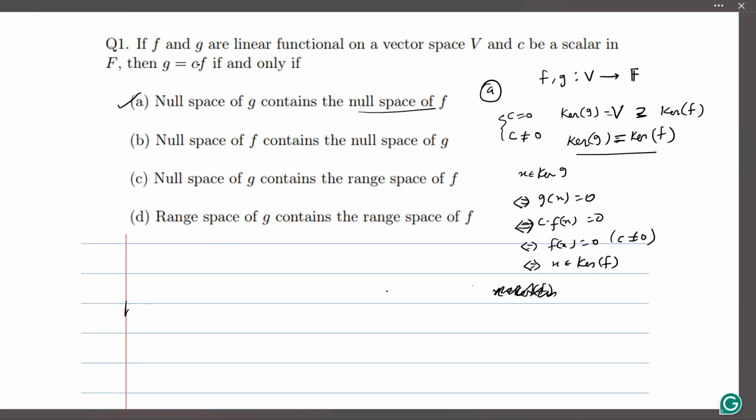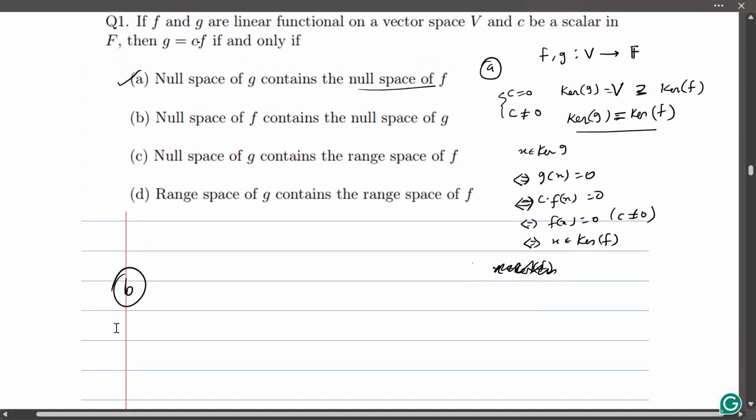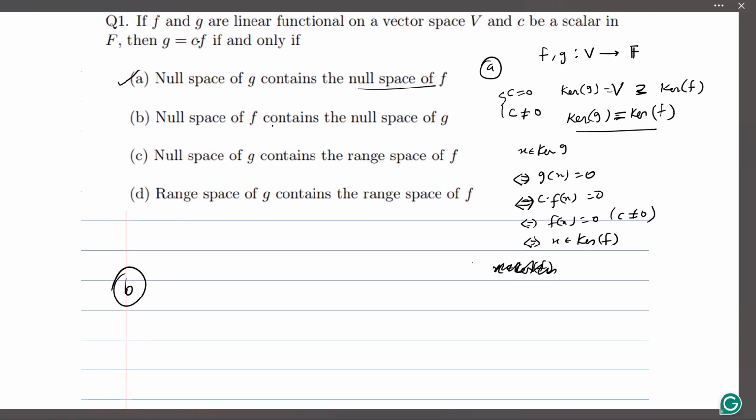Now let the second one be: if you have doubts, you can stop me at any time. Null space of f contains the null space of g. This is false. Option B fails. Why? Take f which is non-zero, a non-zero linear functional.